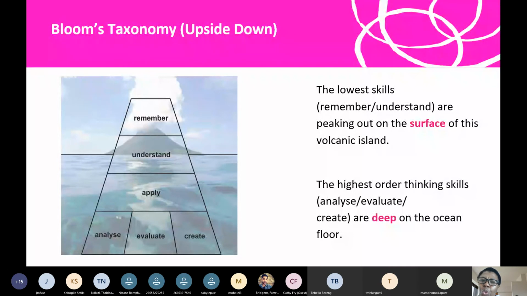This is what we're supposed to do to our learners. Let's not stop at remembering and understanding. Let's ensure that we take our learners to their highest level, which is analyze, evaluate, and create. Okay?